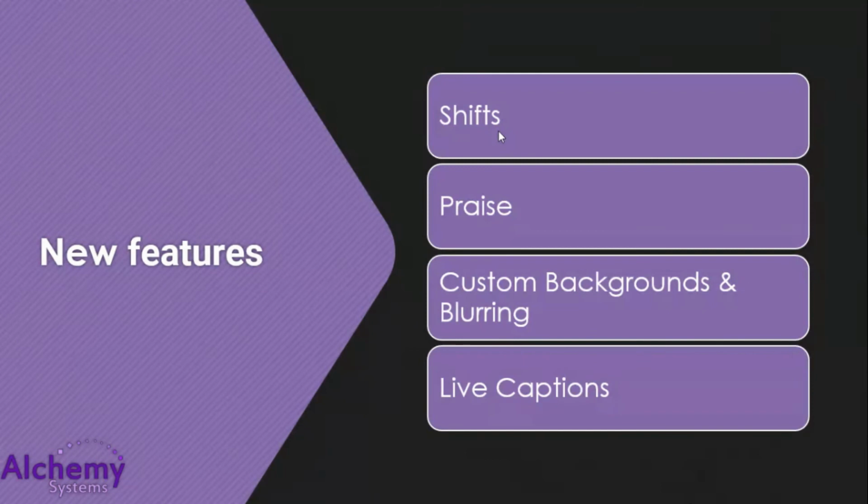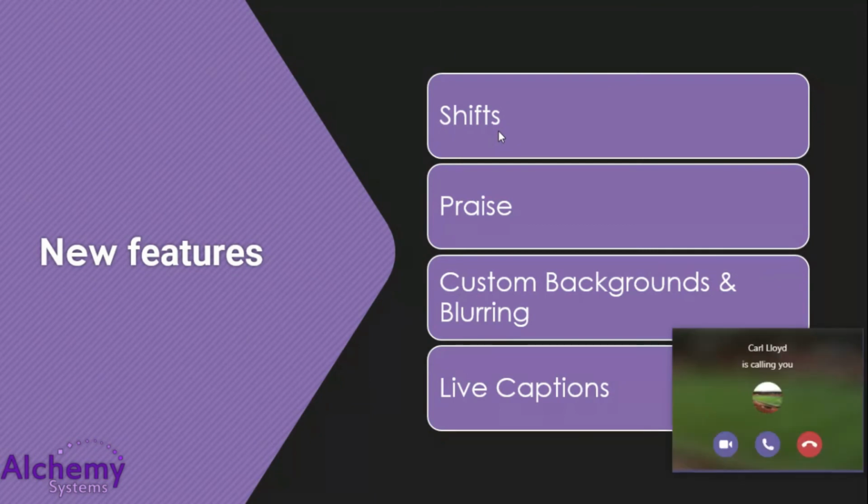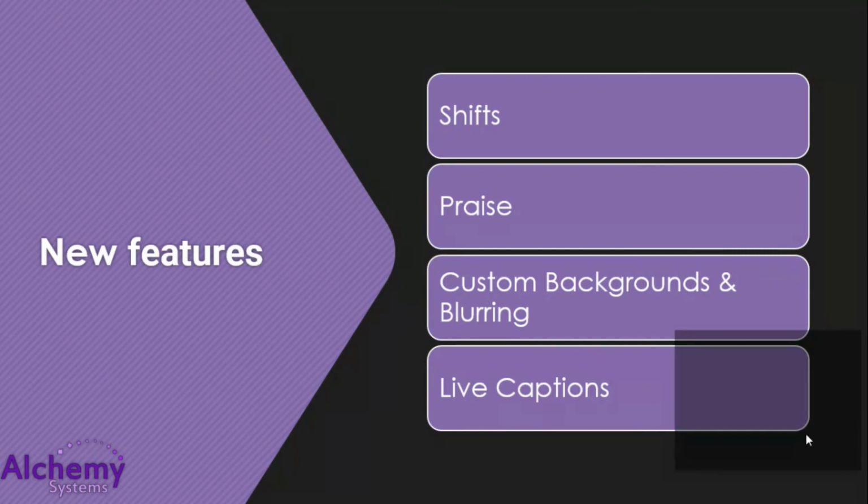And then finally, rolling out at the moment is live captions for video calls. So if you are having say a monthly meeting, you can automatically get it to transcribe the chat, and it will come up in a little caption subtitle box at the bottom.